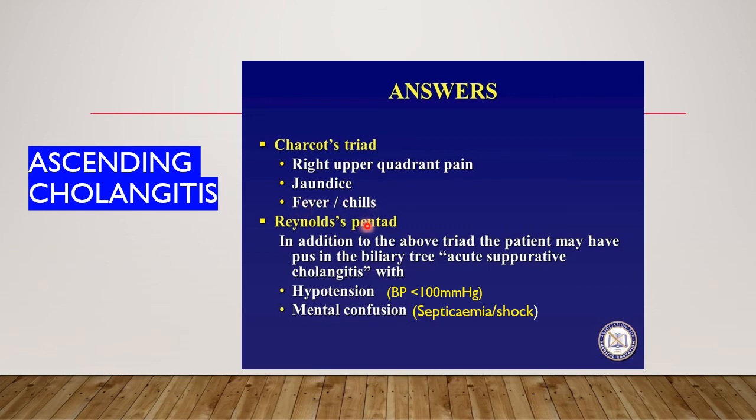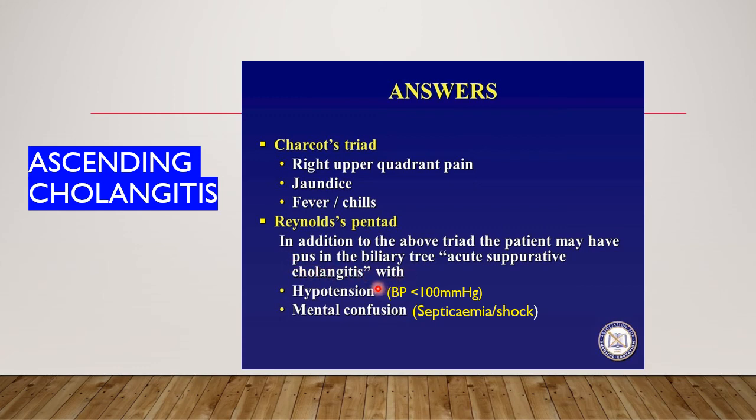Okay. Now, if the disease is more severe, where in addition to the above triad, the patient may have pus in the biliary tree, okay, this is called acute suppurative cholangitis. When this develops, the patient becomes very ill and goes into septicemia.